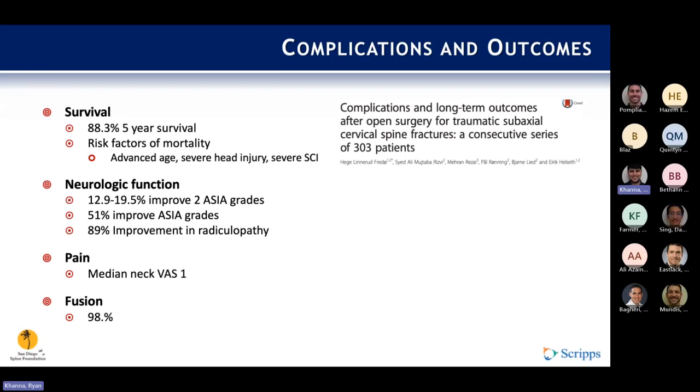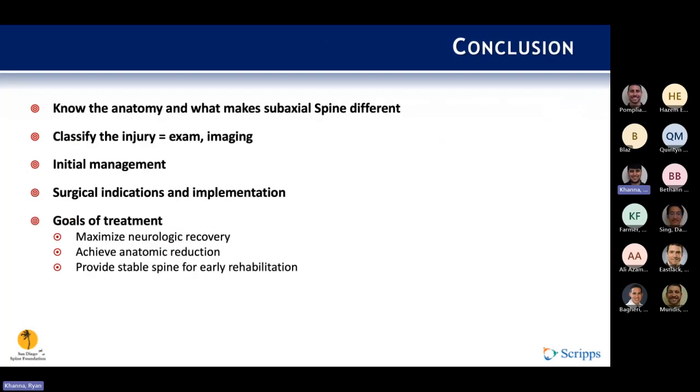Depending on the study, between 10 and 20% improve 2 ASIA grades from presentation, 51% improve 1 ASIA grade, and most patients improve in radiculopathy symptoms. Patients do complain of neck pain with a median VAS neck score of 1, and 98% of patients fuse, based on a study out of Scandinavia looking at 303 patients.